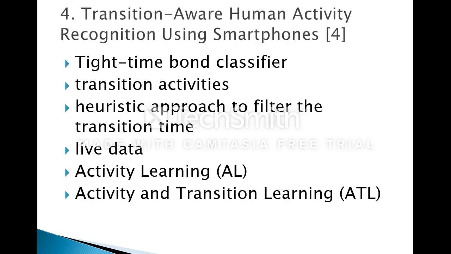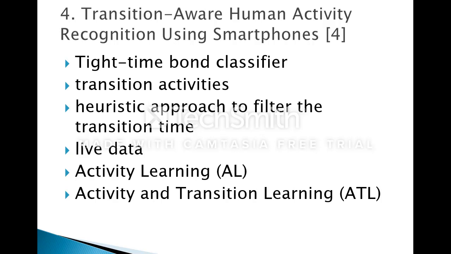Here is the fourth research paper, that is transition aware human activity recognition using smartphones. So Reyes-Ortiz presents a time-bound classifier to categorize the human activities for the HAR dataset. Their work uses the transition activities, for example, transition from running to walking as a category.